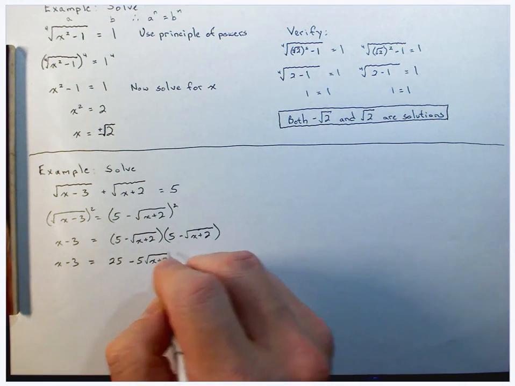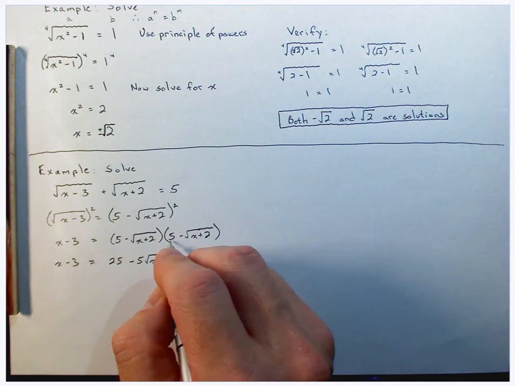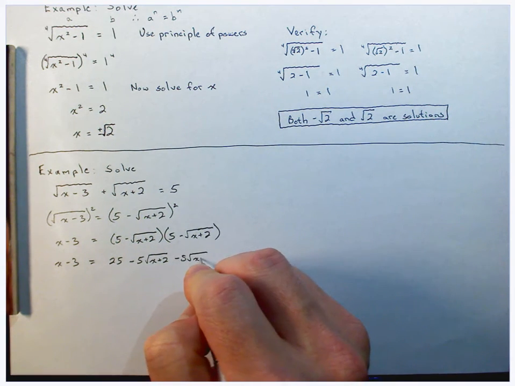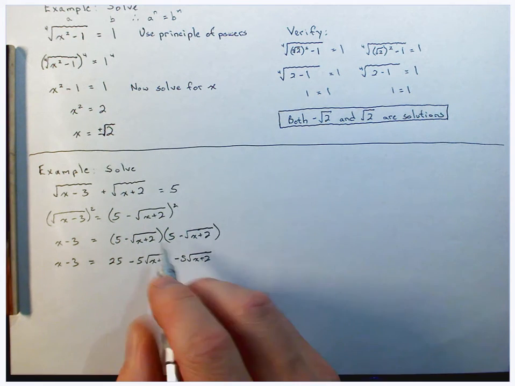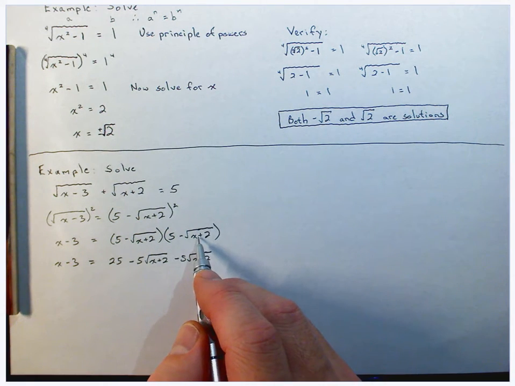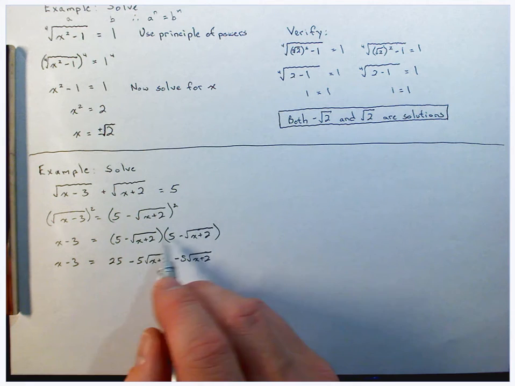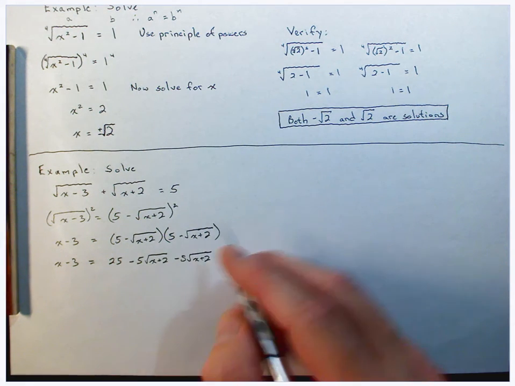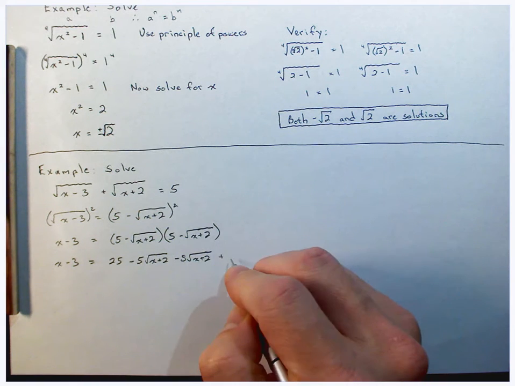I end up with the same thing again because I'm multiplying the same thing. And whenever I multiply these two radicals together, it's just like squaring. They're the same value. So a negative times a negative is a positive, x plus 2.